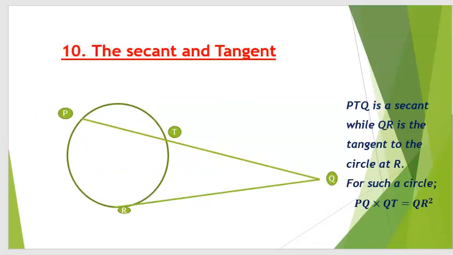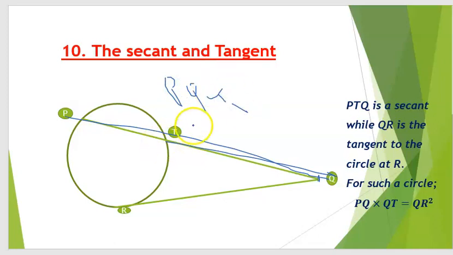The other property that I'll be looking at is the secant and the tangent intersecting externally. For example, I'm being given here a secant, PTQ, and the tangent RQ intersecting externally at point Q. Then it means that PQ multiplied by TQ should be equal to the tangent squared.